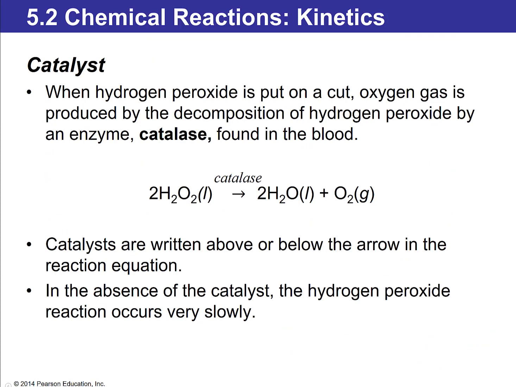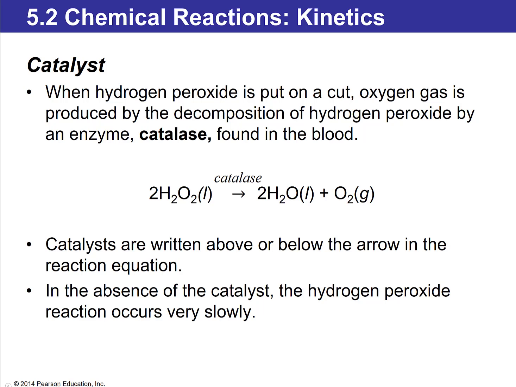So here's an example. An example is an enzyme called catalase that's in the blood. Catalase breaks down hydrogen peroxide. If you put peroxide on your skin and it's not cut, nothing happens. It's just clear liquid and it just rolls off.